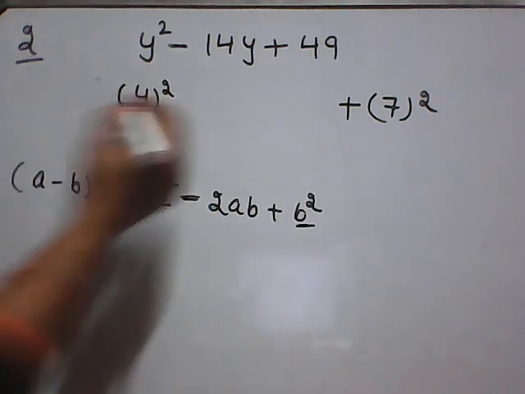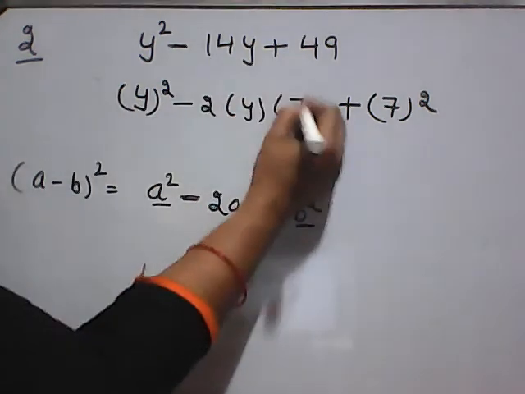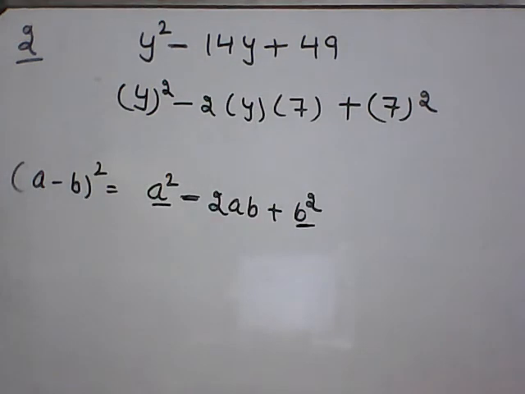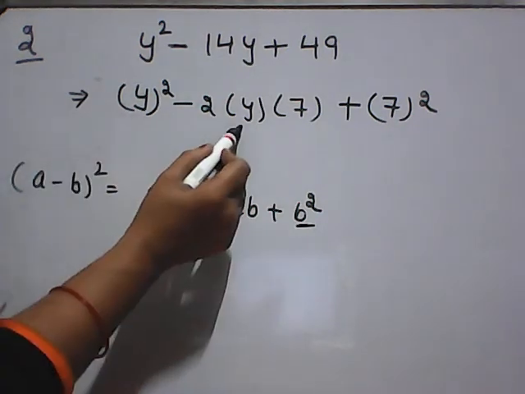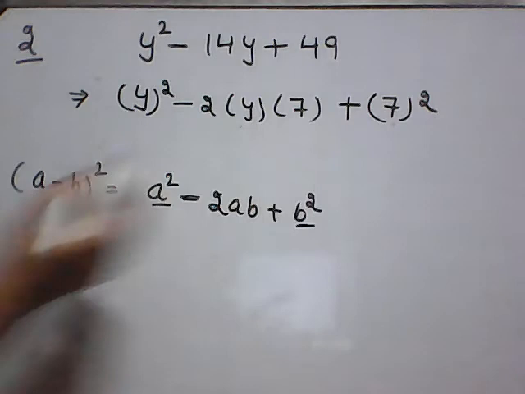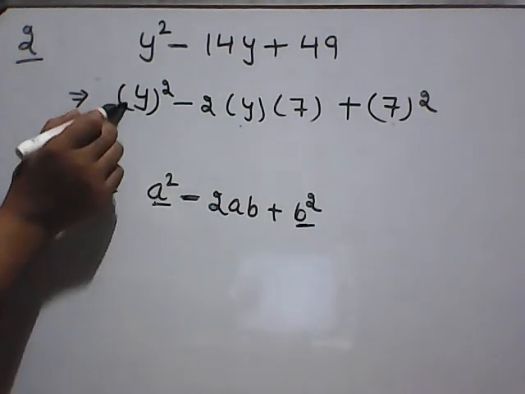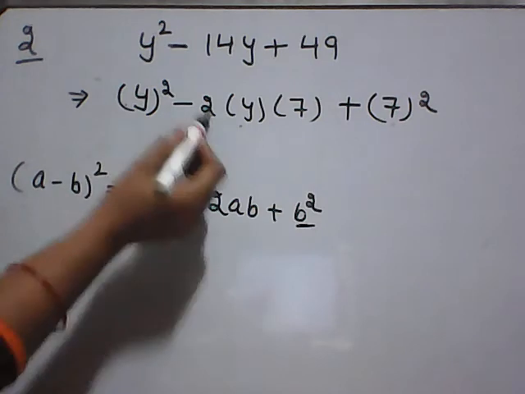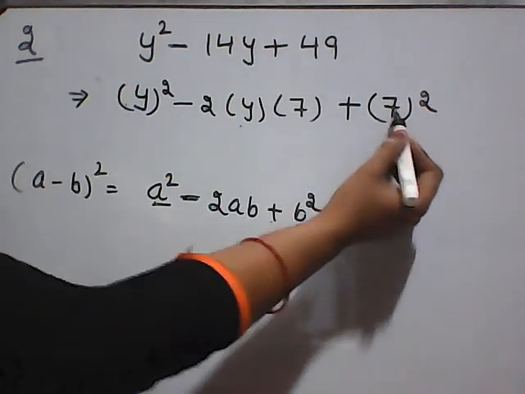Now 14y can be written as 2 into y into 7, because 2 into y into 7 is 14y. It is a square minus 2ab plus b square. You can compare it with this identity. a square is y square, minus 2 into ab, plus b square. b is 7 whole square.